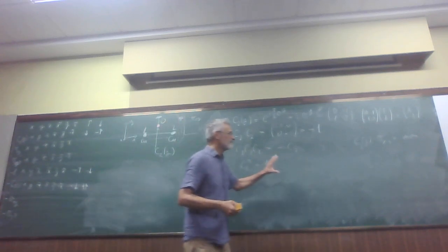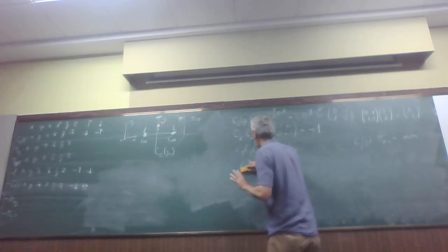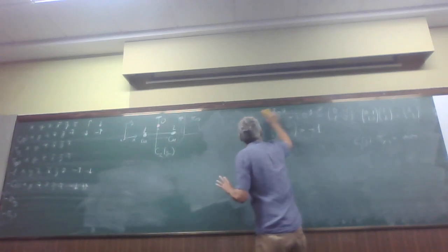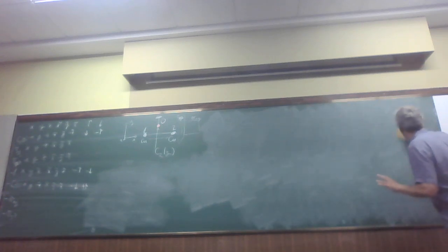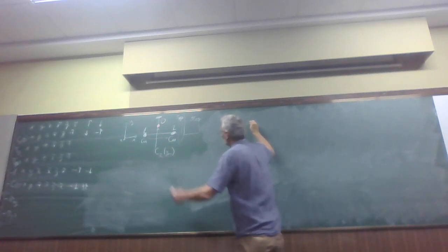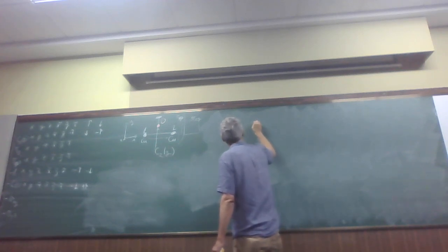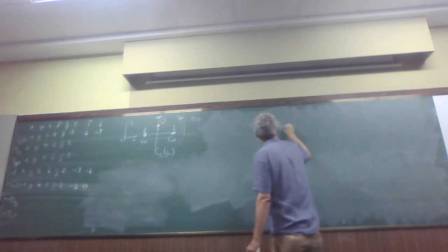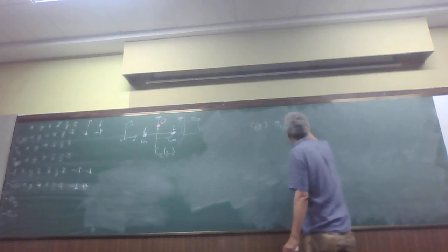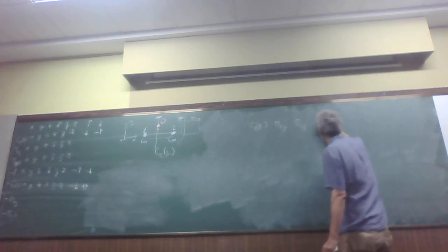Or the other possibility is that we look at the table of multiplication, and now we have more symmetry elements. C2y, sigma xy, sigma zy, minus.